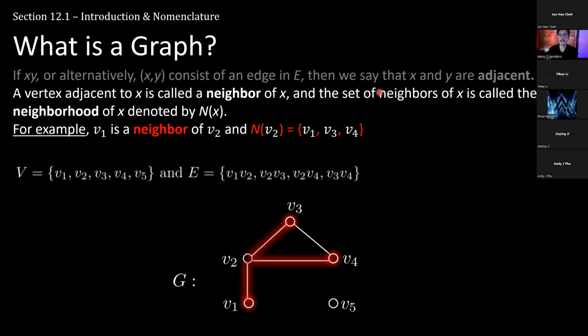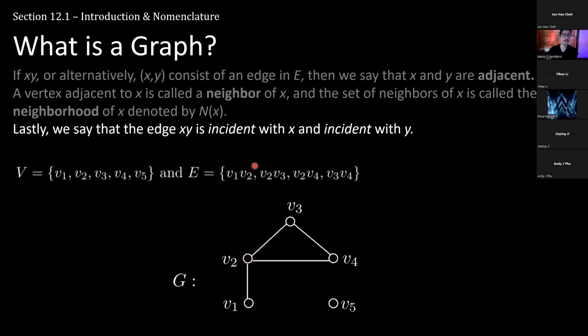They're connected. And the set of neighbors of X is called the neighborhood of X, denoted by N of X. For example, here we have that V1 is a neighbor of V2, and the neighborhood of V2 is V1, V3, and V4, because V1 is connected, V3 is connected, V4 is connected. They're all connected to V2. They're all adjacent to V2.